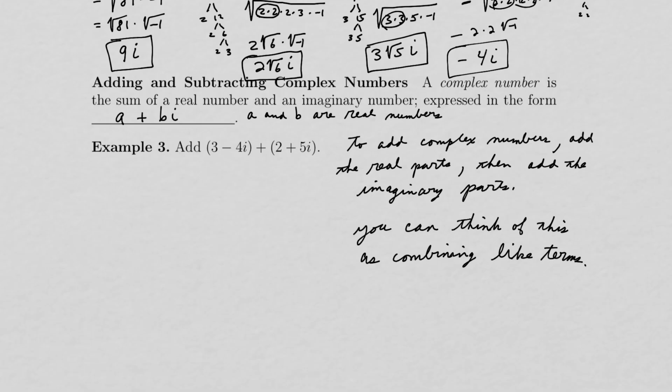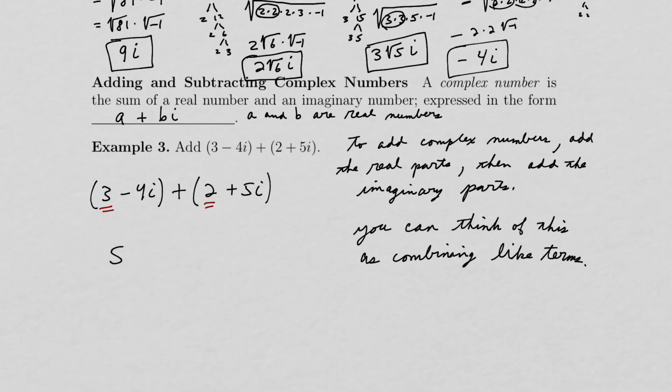Okay, so if I have this example where I have 3 minus 4i, and I want to add 2 plus 5i, what I do is I add the real parts. So the real parts are the 3 and the 2. So that gives me 5.